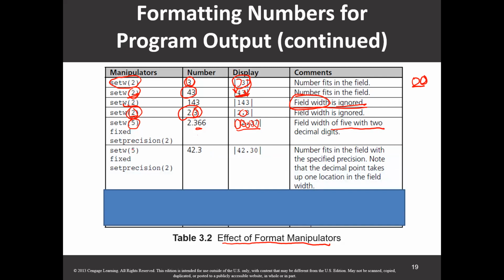Next one is setw(5), fixed, setprecision(2), and this is the number. See what's going on here. First, let's see if the setw, the width, is actually fitting. How many characters do we have here? 1 2 3 4, so the width is fine. But for the precision I want 2 decimal places after the dot, and I only have 1 decimal digit, 3, but I told you I must have 2 decimal digits, so I'm going to add a 0 to apply the precision 2 you asked for.